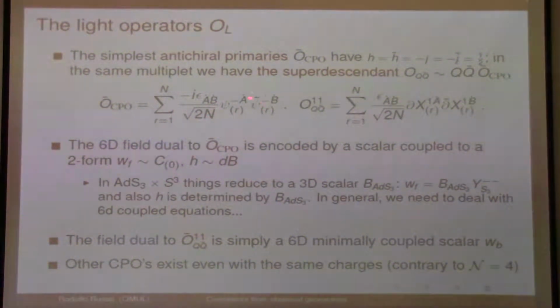For instance, here you have dimension 1/2, 1/2, but there is another chiral operator that has the same dimension, which is the twist field. So this is something that is slightly different.